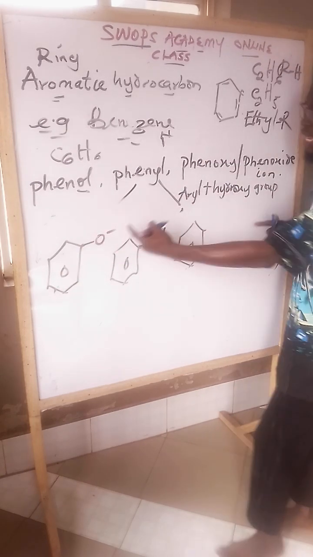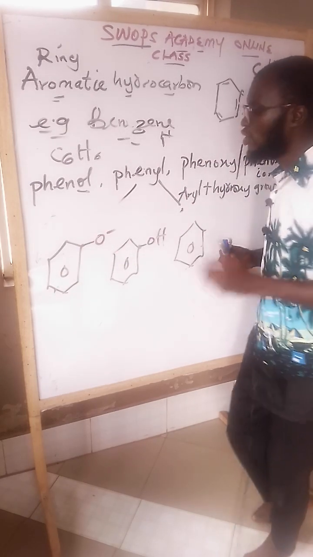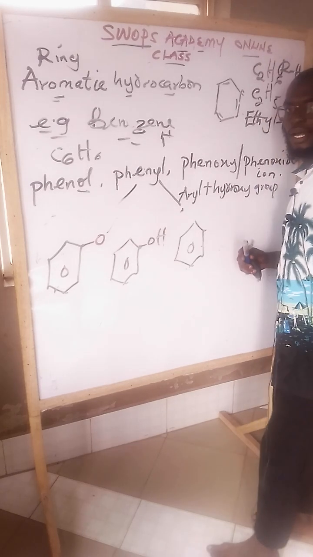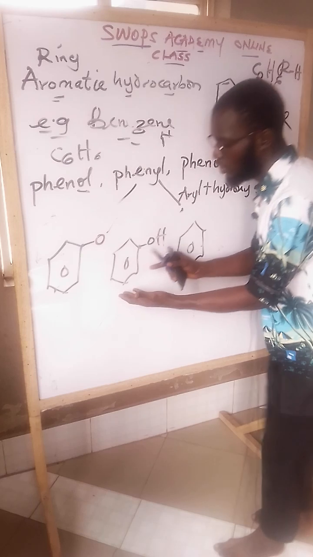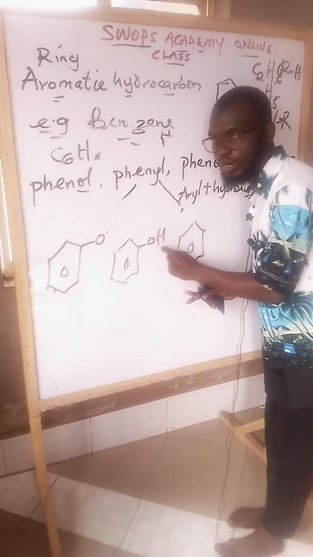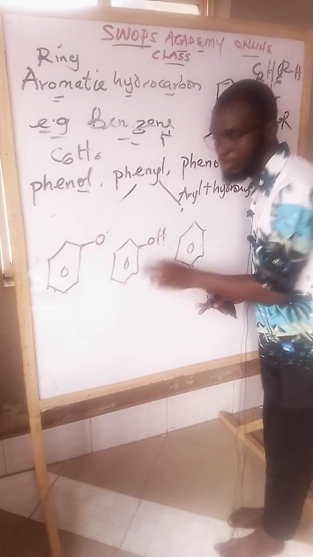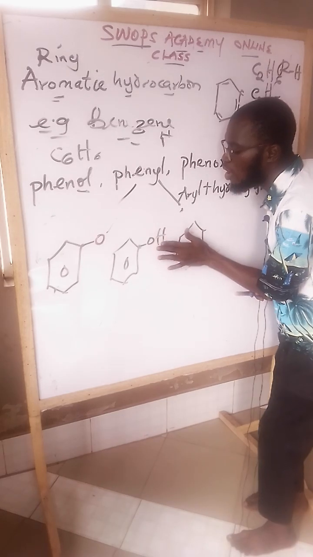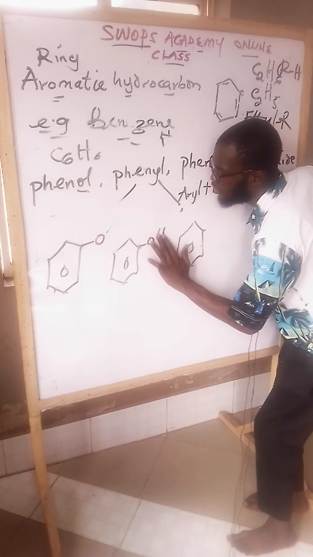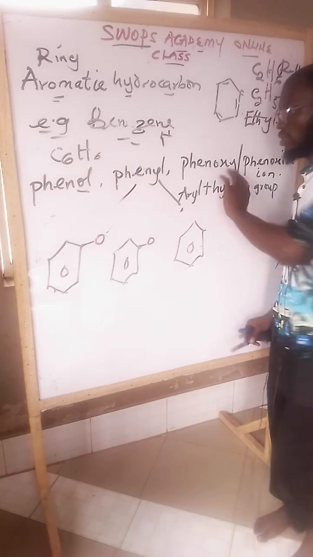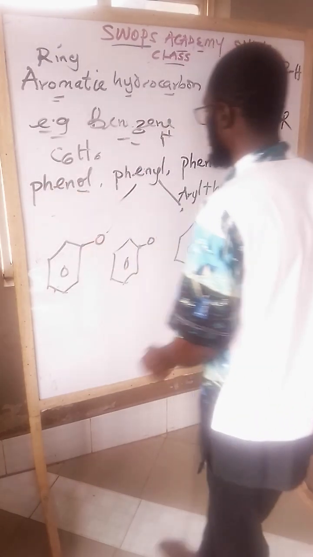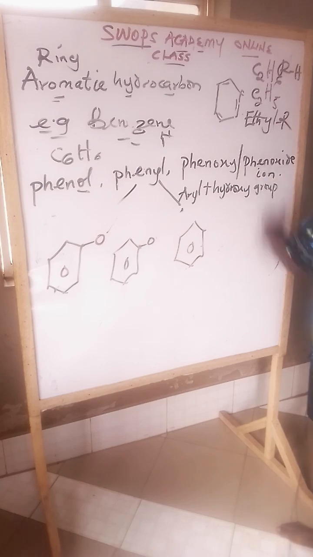Ion is when I add minus to it. Now, this is phenol, meaning phenyl with hydroxide ion. When you add them, it becomes phenol. If the hydrogen is removed, it goes back to phenoxy. And now it comes to understand what is phenol, phenyl, phenoxy, or phenoxide ion.